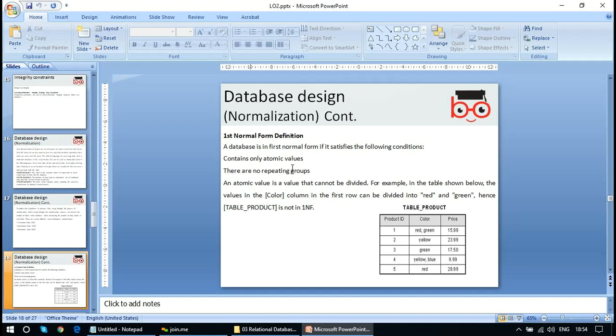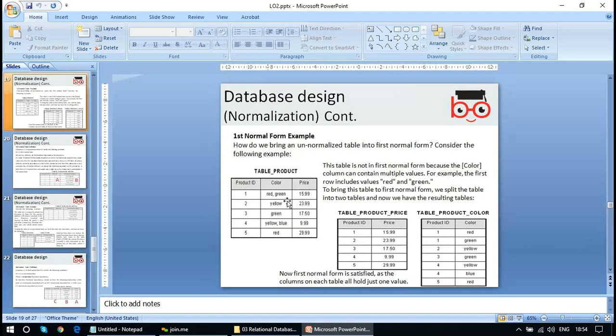The first rule is that your table should only contain atomic values. So if you have this situation, you need to create an additional table with colors, like product ID 1 has red, product ID 1 has green, 2 yellow, 3 green, 4 yellow, 4 blue, 5 red.